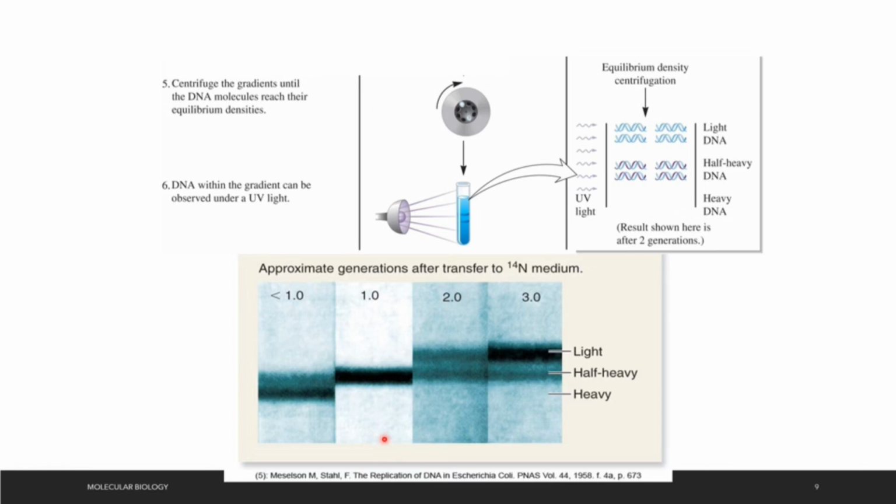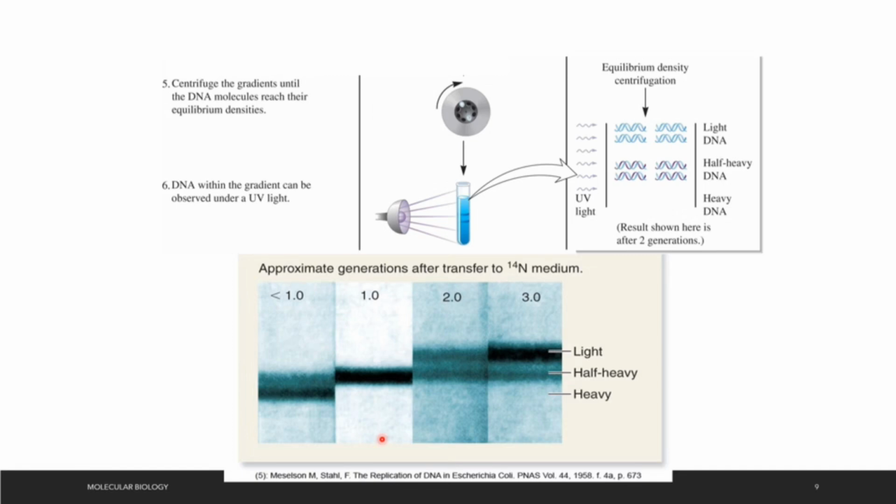That is because in the semi-conservative model, we know that after the first round of DNA replication, all the new double strands of DNA will be a hybrid of one parental strand, which is coming from the old DNA, and one daughter strand, which is newly synthesized. If you imagine, the parental strand will be heavy, and the newly synthesized strand will be light.